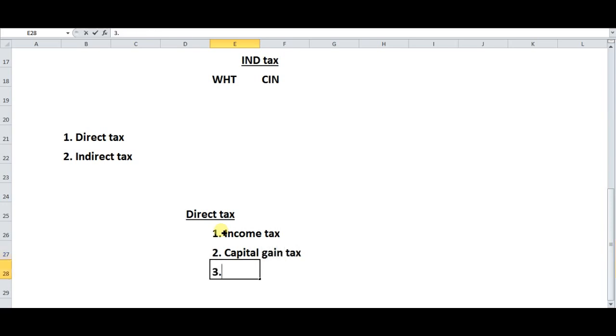Third one, corporate tax, and etc. Income tax means every individual whose total income exceeds the taxable limit has to pay income tax based on prevailing rates applicable from time to time.